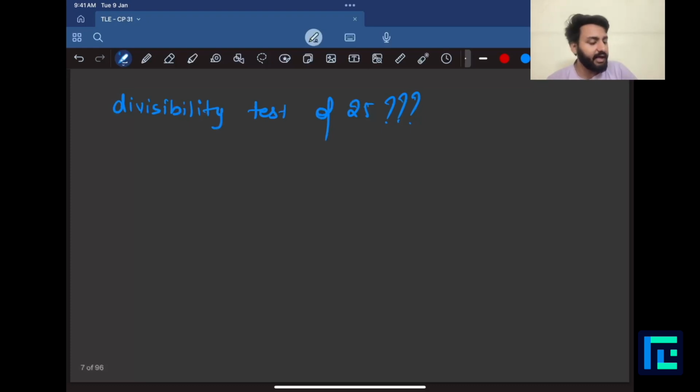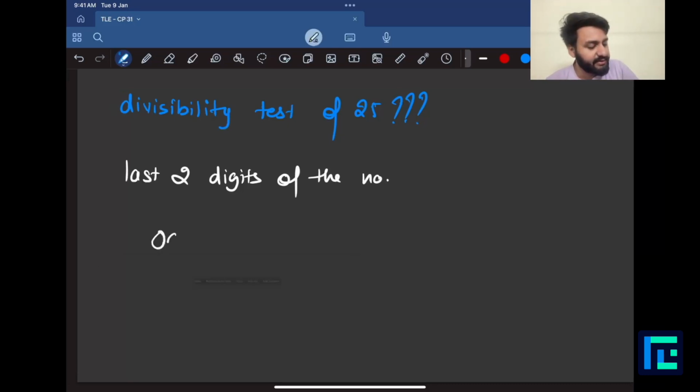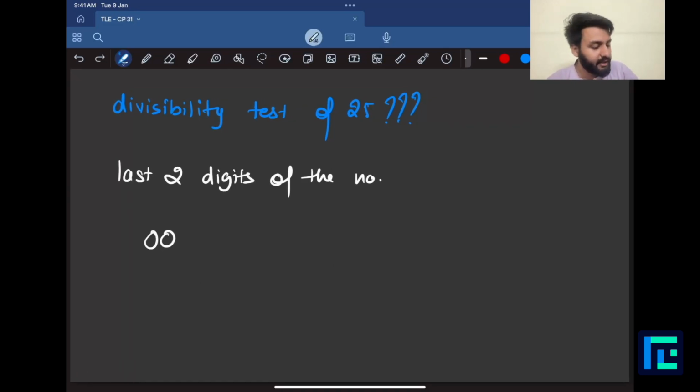We are only bothered about the last 2 digits of the number, and the argument is these 2 last digits should look either like 00 or they can look like a multiple of 25.